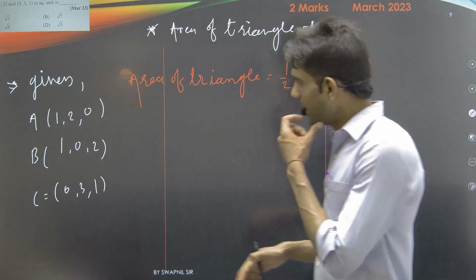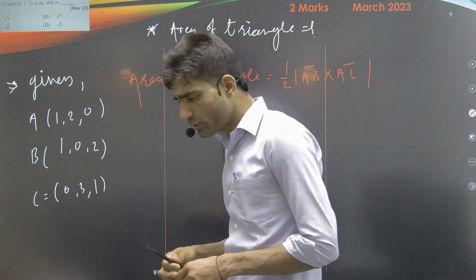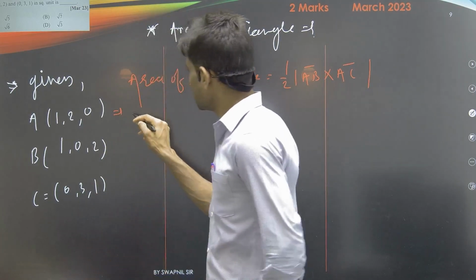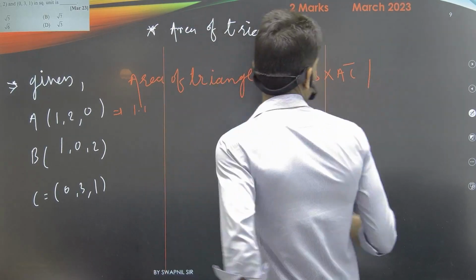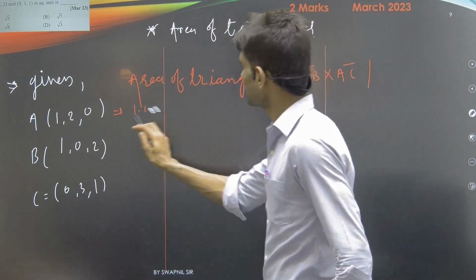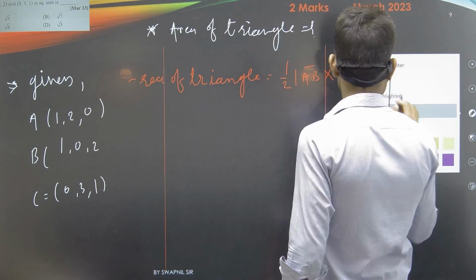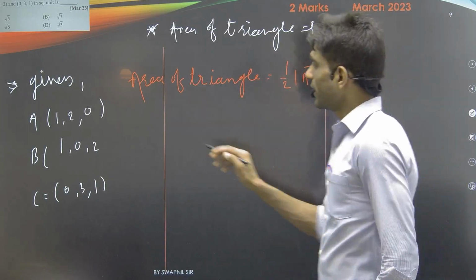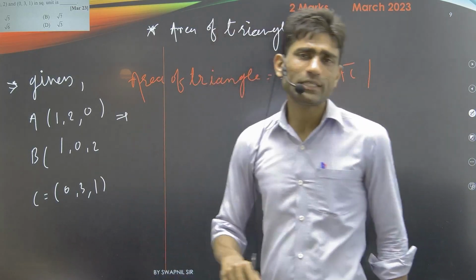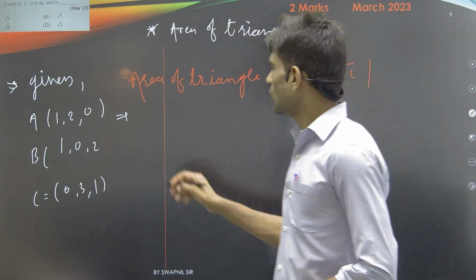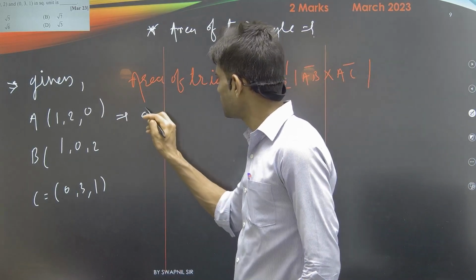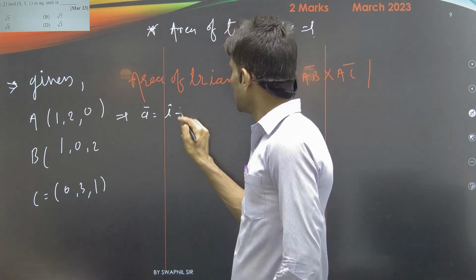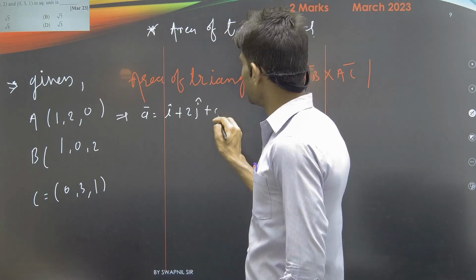We know the position vectors of A, B, C, and we use them to find AB bar. First of all, find the position vector of vertex A. We consider it as small a bar, which is equal to i cap plus 2 times j cap plus 0 times k cap.